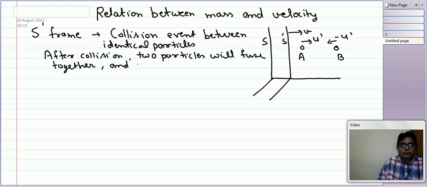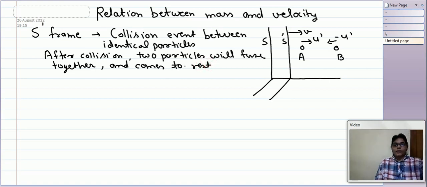This combined mass comes to rest. This is necessary because there is conservation of linear momentum. Initially the linear momentum is zero, therefore finally it should be zero, and zero means they will come to rest in the S dash frame.